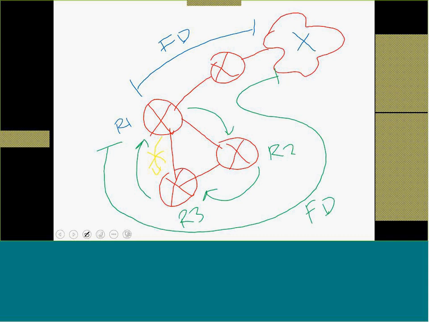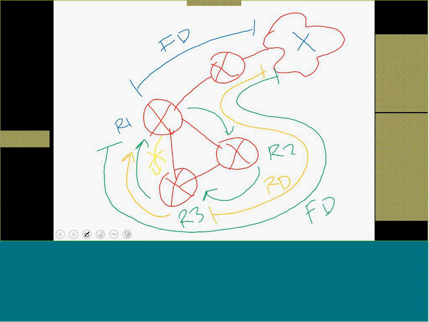So we have this feasibility condition check. Let me use orange in this case. This is the reported distance of that path to R1. Is there any way, mathematically, that that reported distance could ever be less than the feasible distance of my primary path?